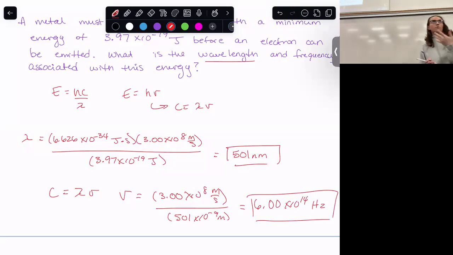If you wanted to check your answers, you could solve for frequency first and see if you get the same frequency, and then the same wavelength.